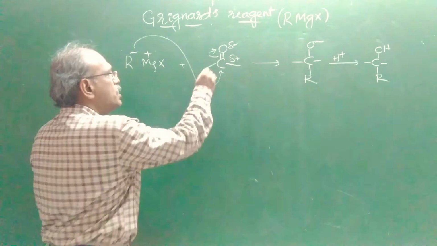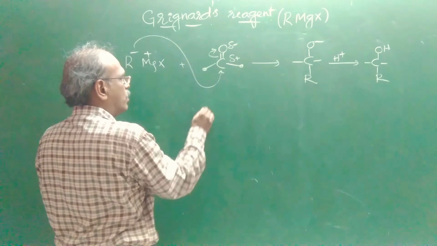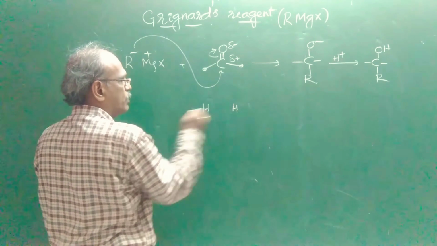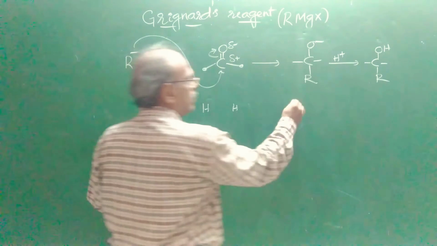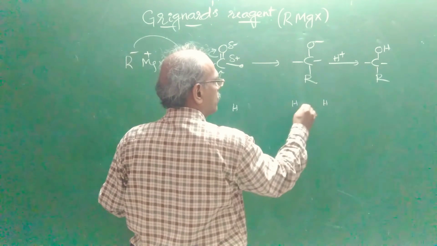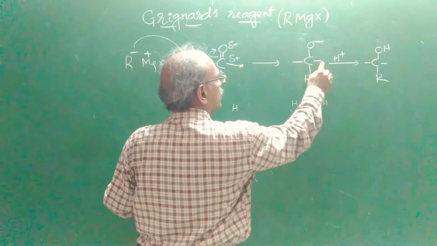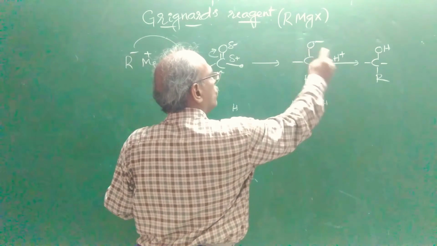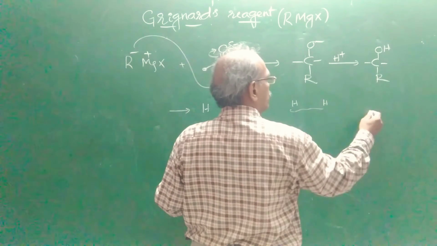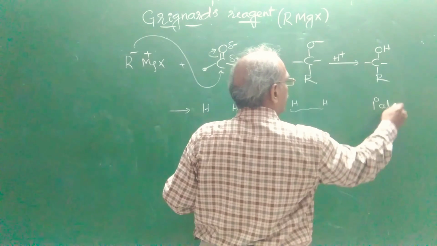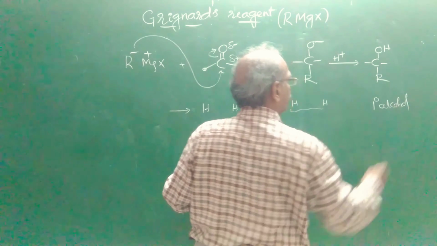If these valencies are satisfied by hydrogens, H, H, RCH2OH, then what do you get? A 1 degree alcohol.